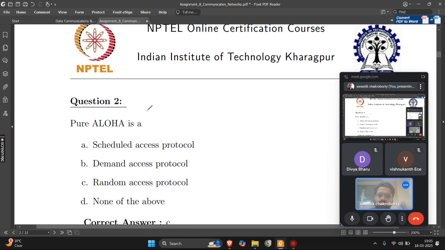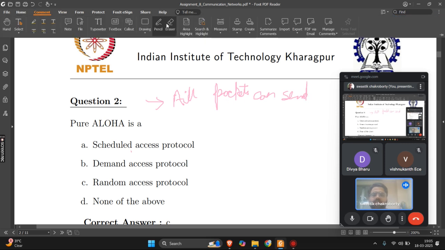Next, pure ALOHA is a scheduled access protocol, demand access protocol, or random access protocol? In pure ALOHA, whichever packet wants to send will send randomly.